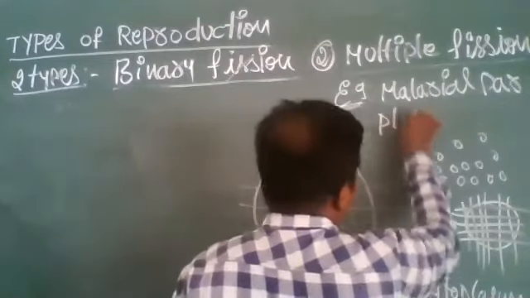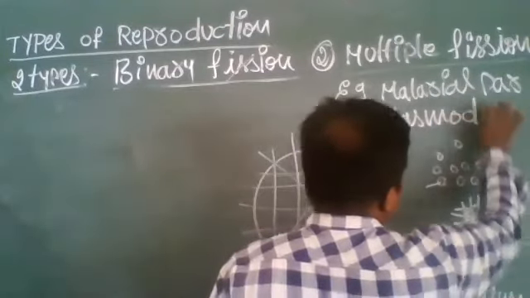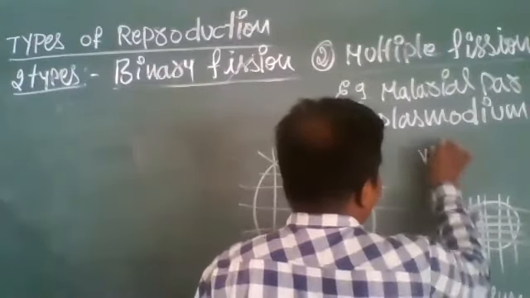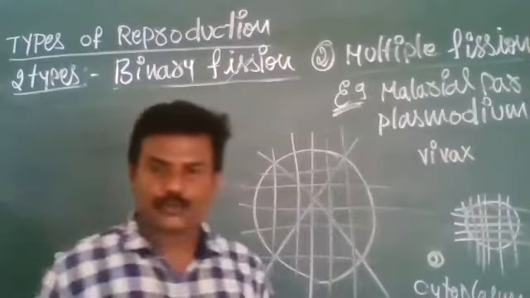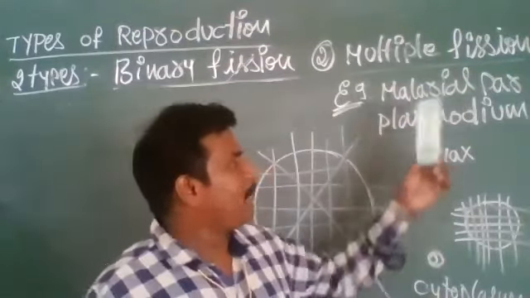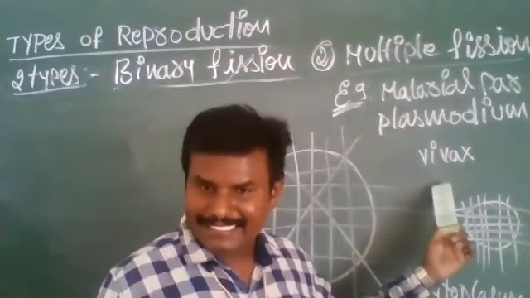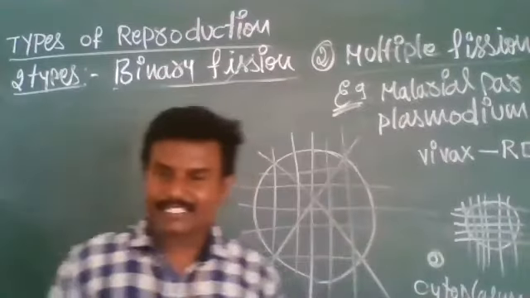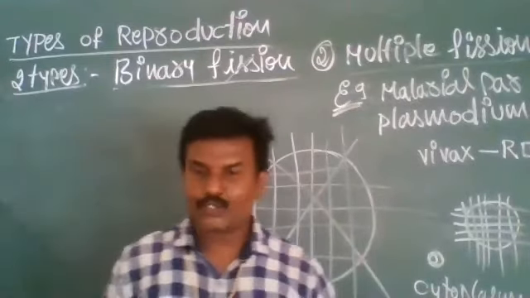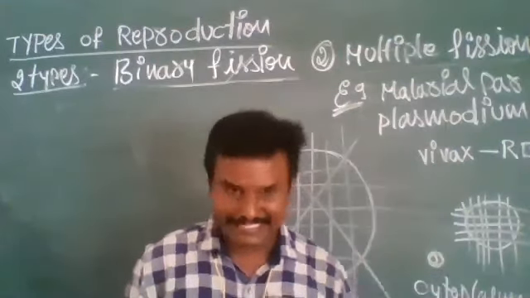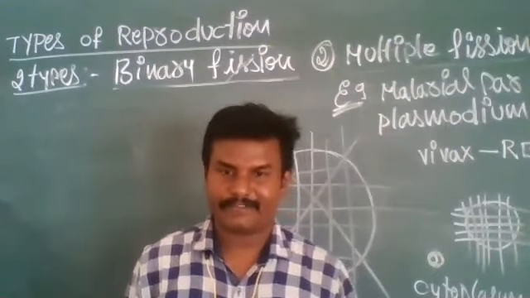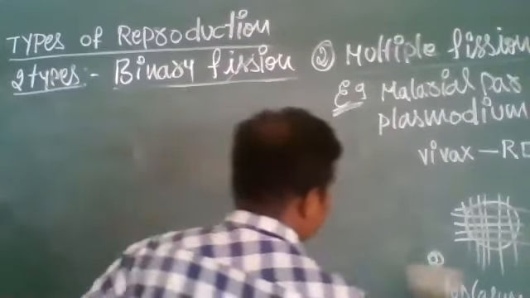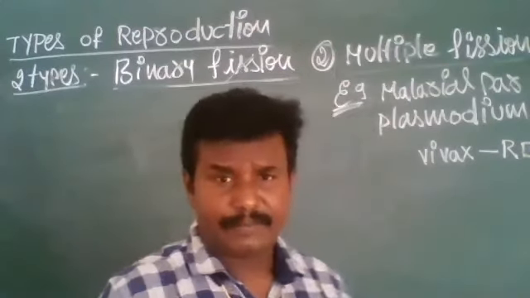That is Plasmodium vivax. When the malarial parasite Plasmodium vivax attacks red blood cells, those parasites show multiple fission. This is the first example for multiple fission.